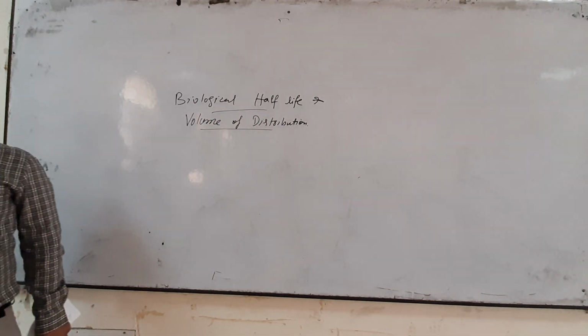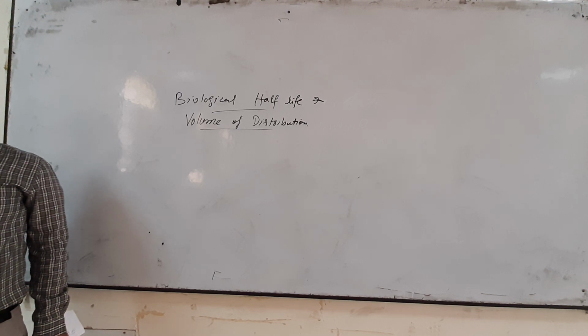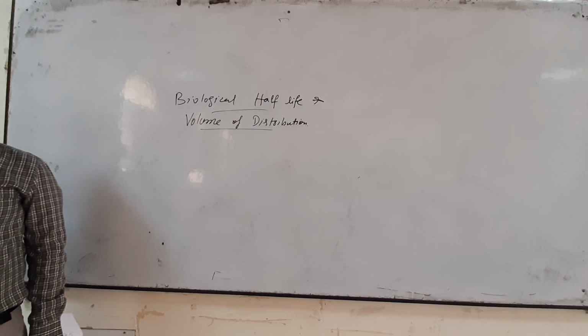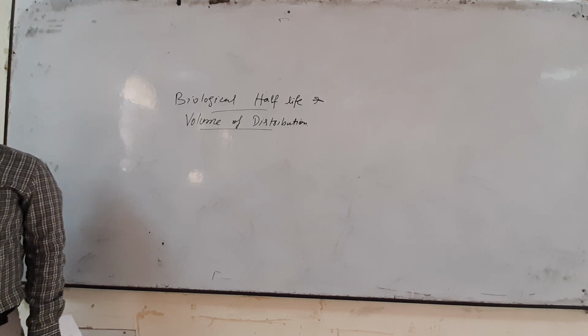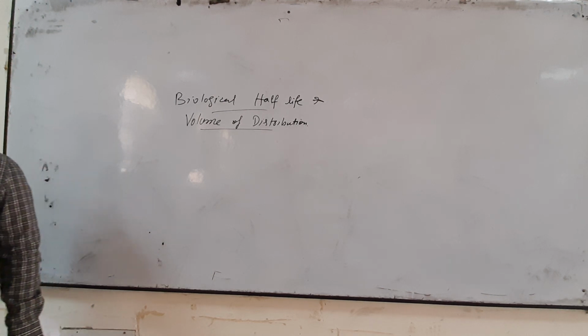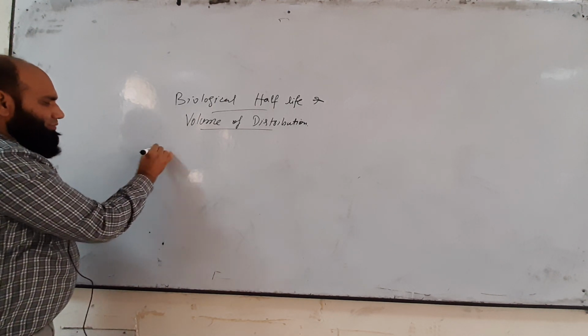We will start now our pure pharmacokinetic portion. Before this, you people understood some data, its interpretation, its graphical representation, and there are some calculations. In this case, we will divide this portion into different compartments.